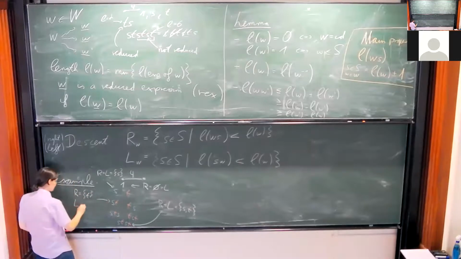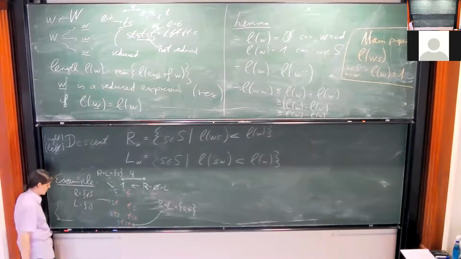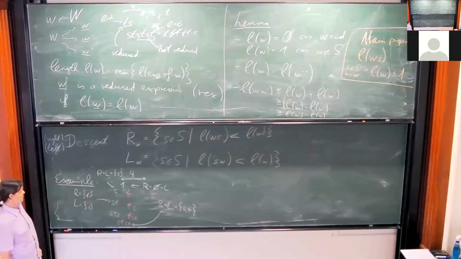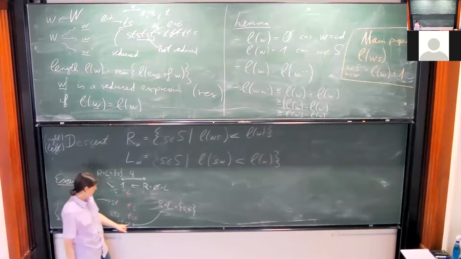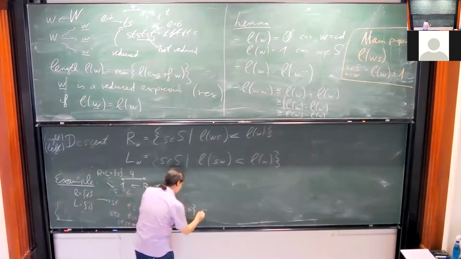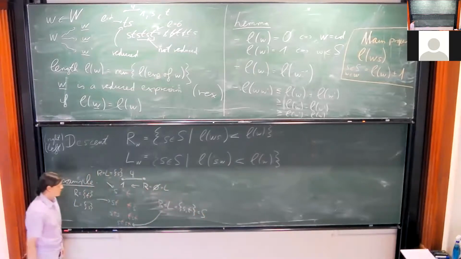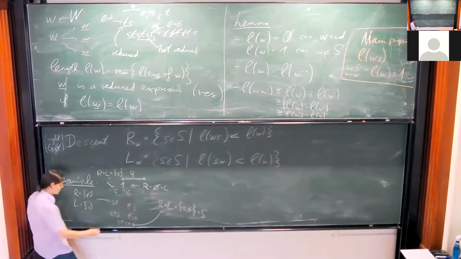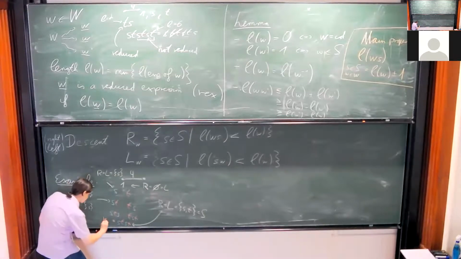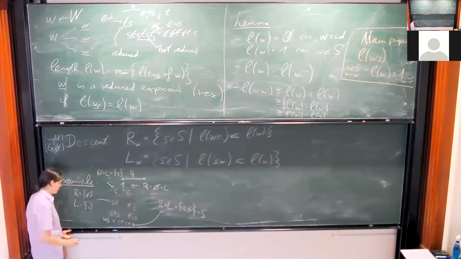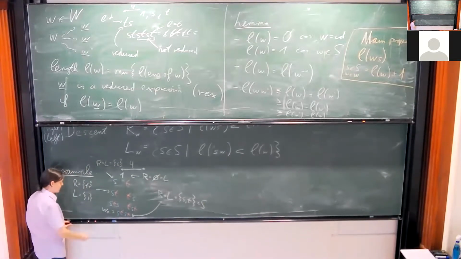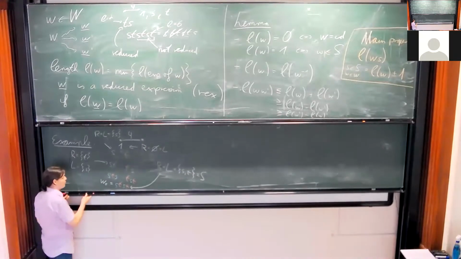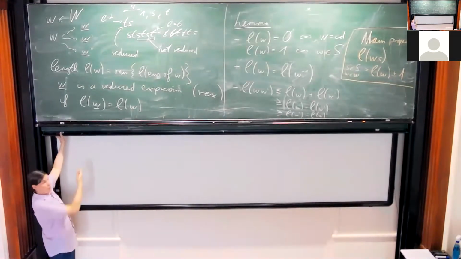The left descent would be S. If I multiply S from here, it gets shorter. This is what I call the longest element. So usually we call it W0. And the main theorem I want to end with is a classification of those guys, and they play an important role due to the following theorem.